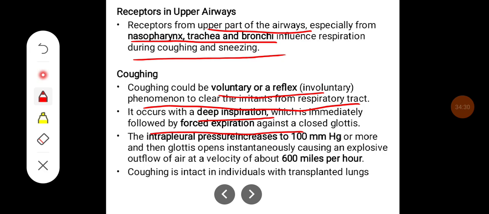The intrapleural pressure increases to 100 mm of Hg or more when the glottis opens instantaneously, causing an explosive outflow of air at a velocity of about 600 miles per hour. Coughing is intact in individuals with transplanted lungs.